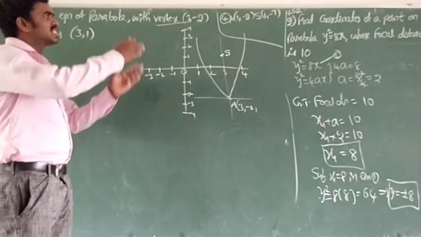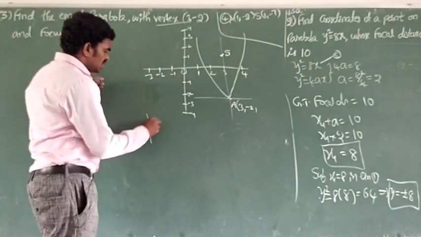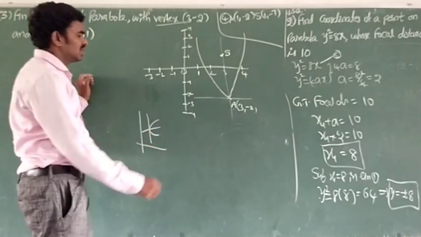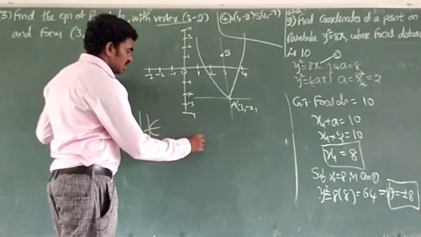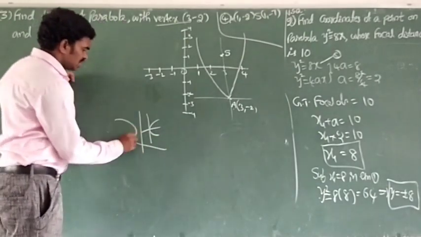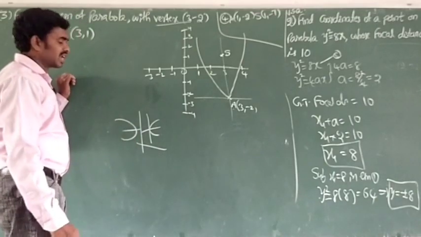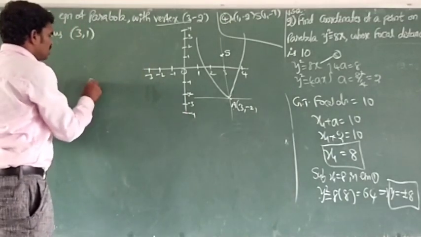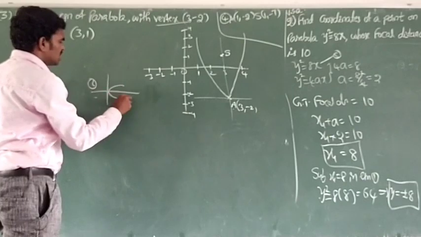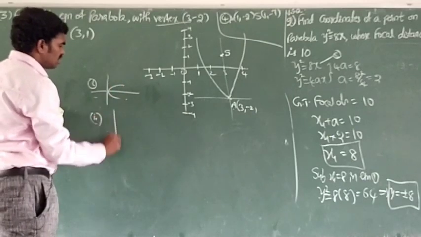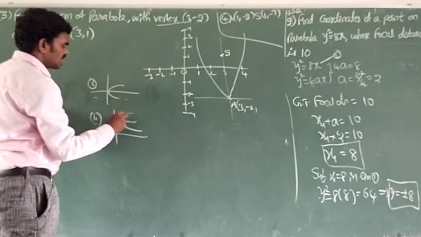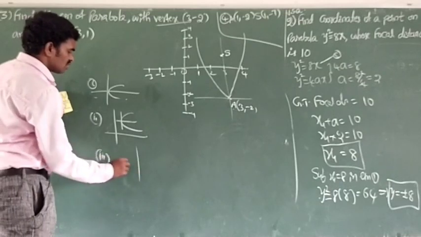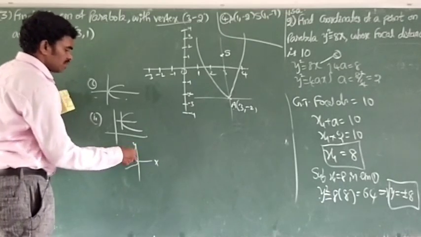The first is y square equal to 4ax. The second, the same graph with shifted vertex, is y minus k whole square equal to 4a into x minus h. And the third graph is y square equal to minus 4ax.